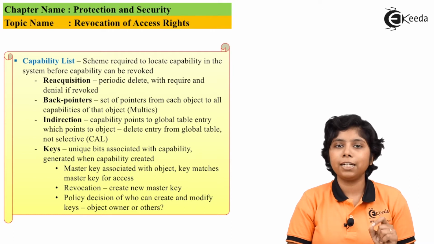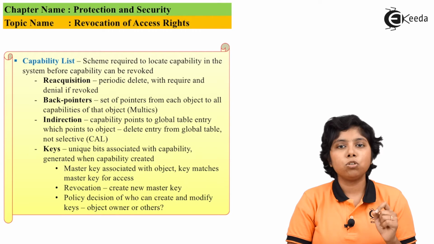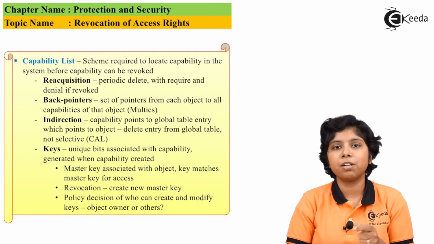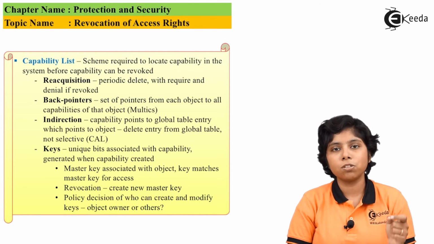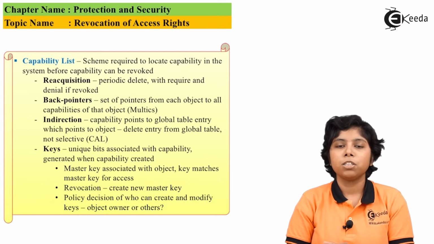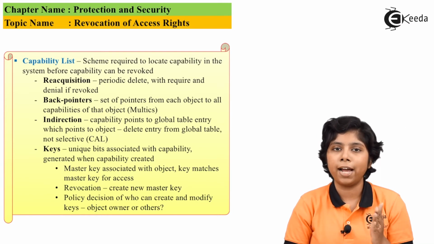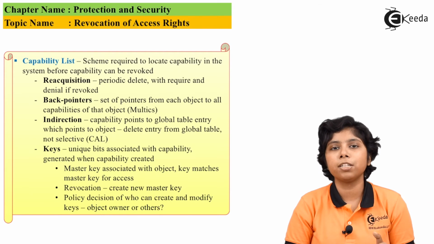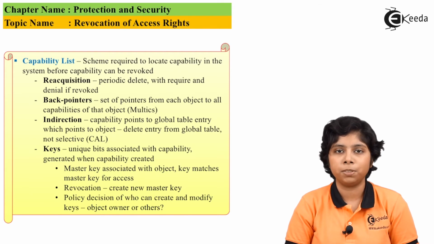Also here the selective revocation is not maintained. To maintain selective revocation of access rights, we must preserve a master key associated with each object, other than one associated with each process. So now every user that has the master key can revoke access rights according to the object.